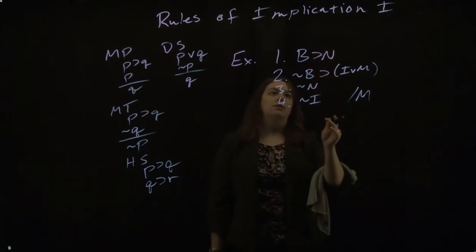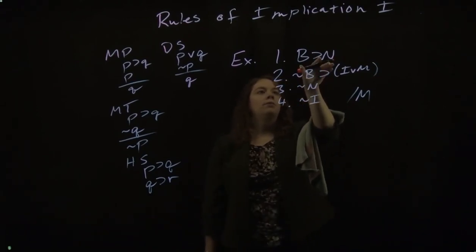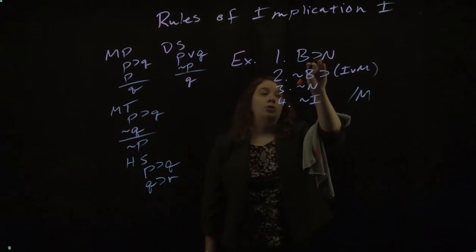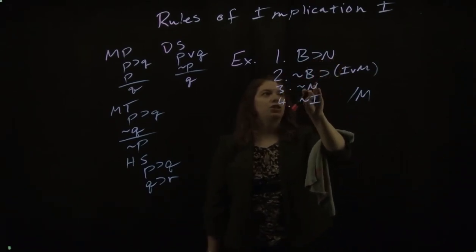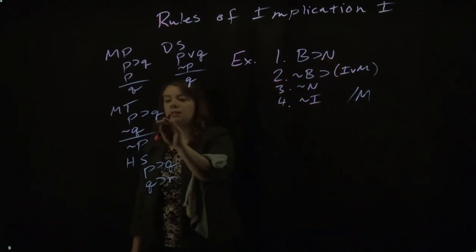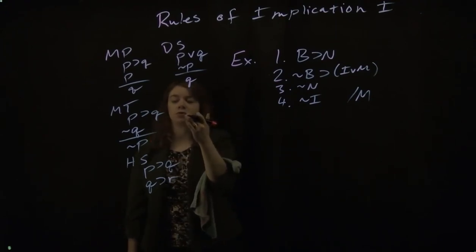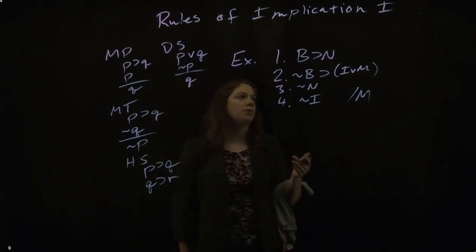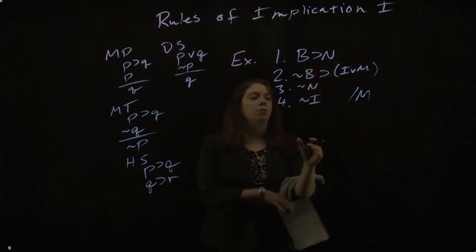Well, in fact, if you look here, we have a not B on line 3, and then here on line 1 we have B horseshoe N. So what we have here on 3 is the negation of the consequent on 1. This is just like the valid form of modus tollens. So we can say, oh, okay, here's one of the forms.